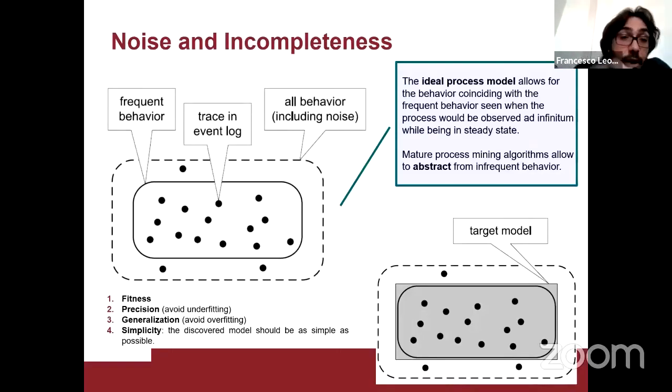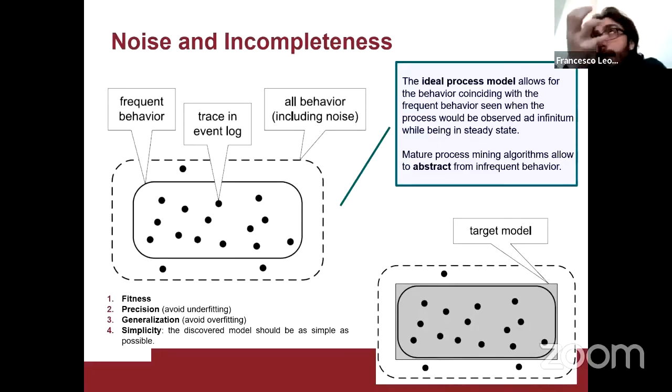The traces in the event log are the dots. The frequent behavior are the ones that are included in the solid line, whereas all the behaviors that we have seen in the log are the ones in dashed line. Let's say that the target model is the one in the solid line.